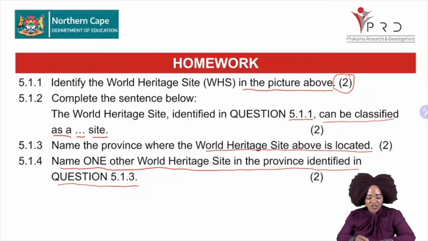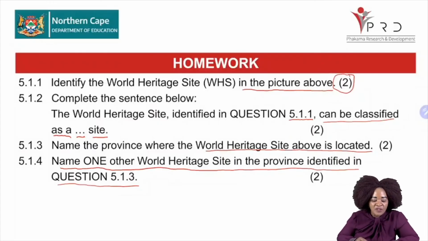So you can imagine if you are in the exam now and this question is in front of you. If you cannot identify or you do not know these World Heritage Sites and also you don't know their provinces, you can lose marks in this question, because you can see in 5.1.3, you're supposed to name the province where the World Heritage Site that you have named in 5.1.1 is located.